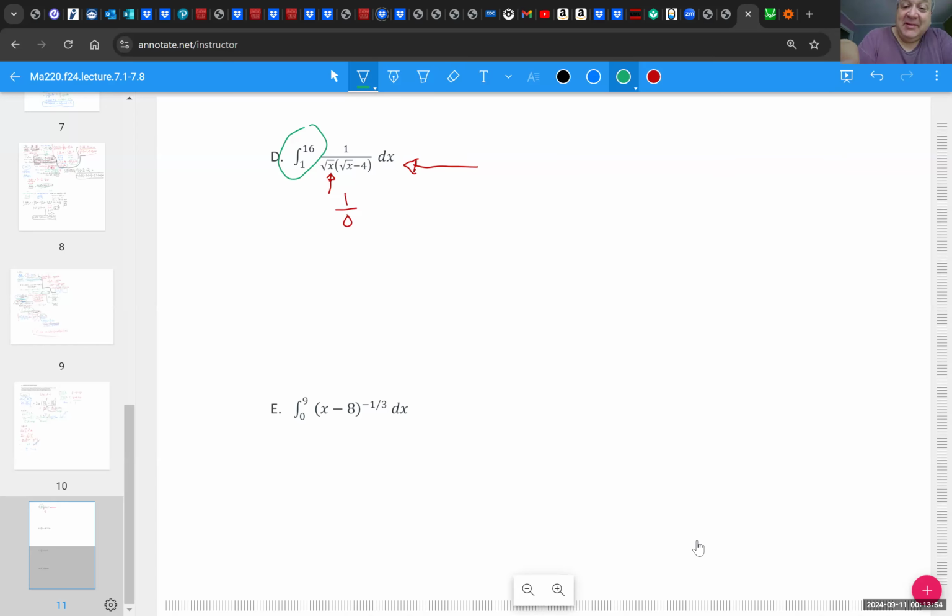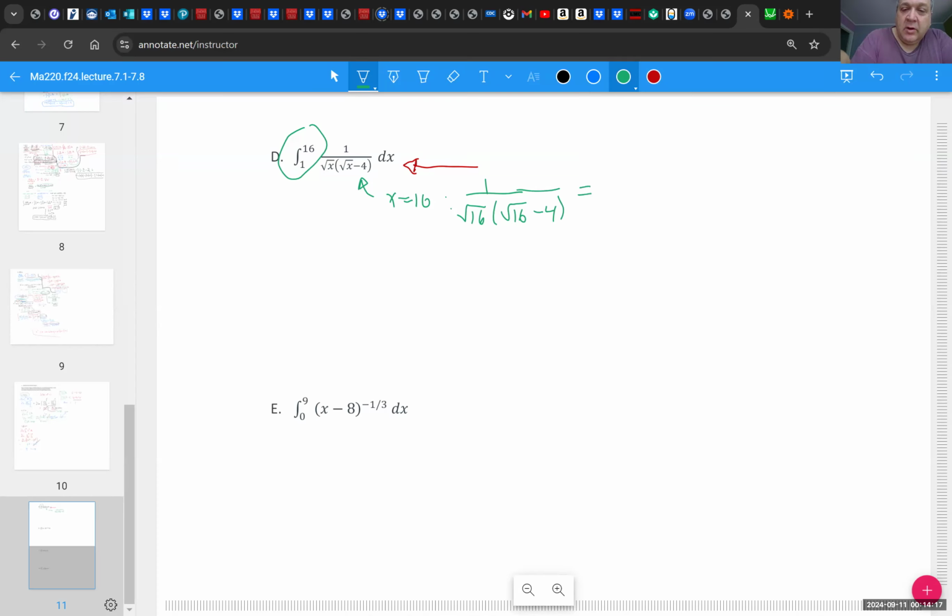The problem is that there's more than one thing in this interval. And for this other part right here, some of you may have noticed it already, x equals 16. When x equals 16, you get the square root of 16, which is 4, and then you get the square root of 16 minus 4, which is 0.